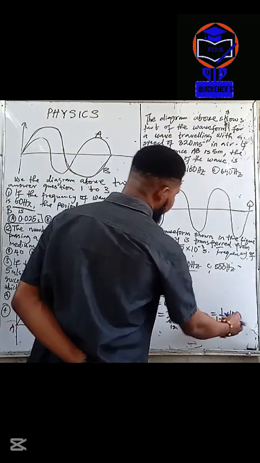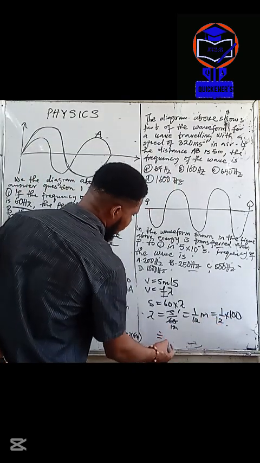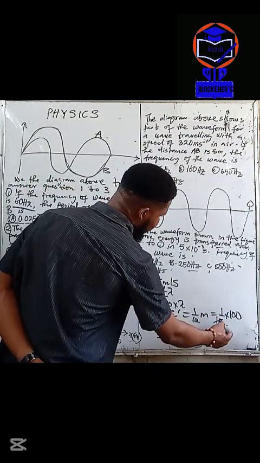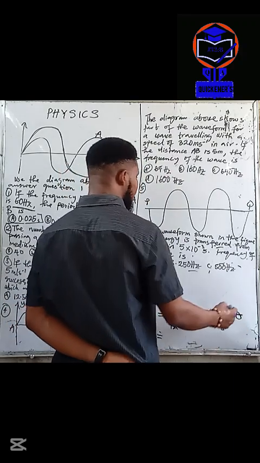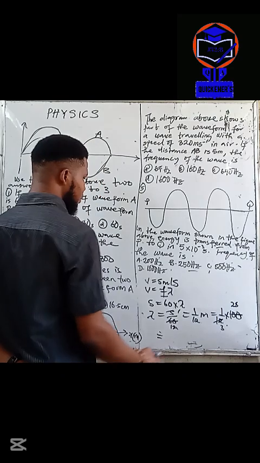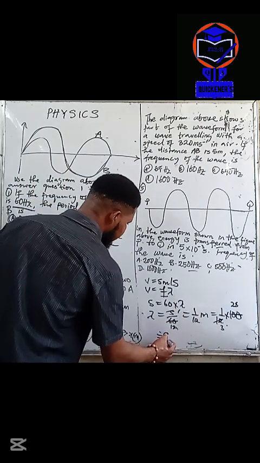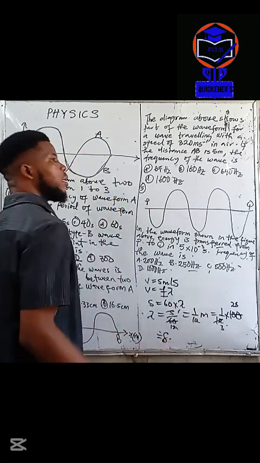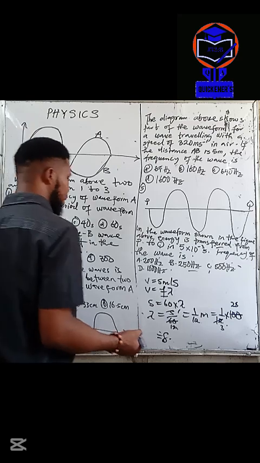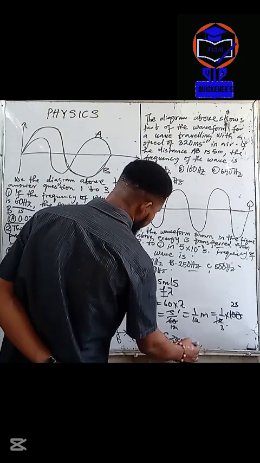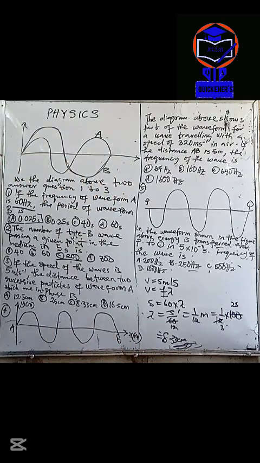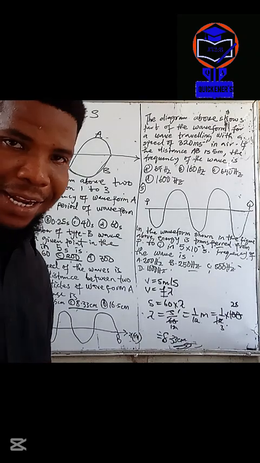So 1/12 times 100, that will give us what? 4 in 100 is 25, and 3 into 25 is 8, and so on. So you have 3, 3, 3, and so on and so forth. So the wavelength is 8.33 centimeter. Can you see that? So this is the wavelength. I hope you understand that, right?